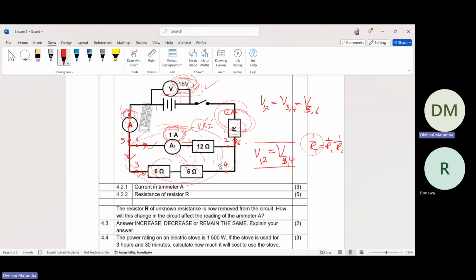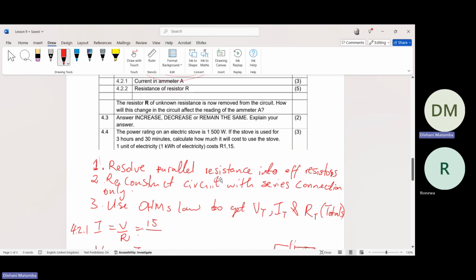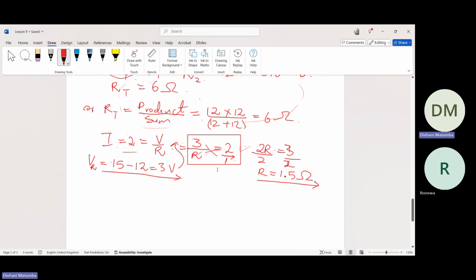If you change the total resistance of the entire circuit, it means your current will also change, if the total voltage supplied by the battery remains constant. That is according to Ohm's law. Ohm's law says, let me write it down properly.